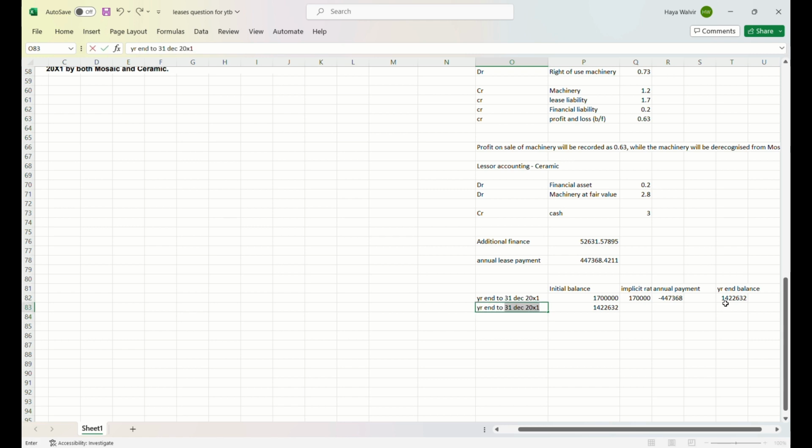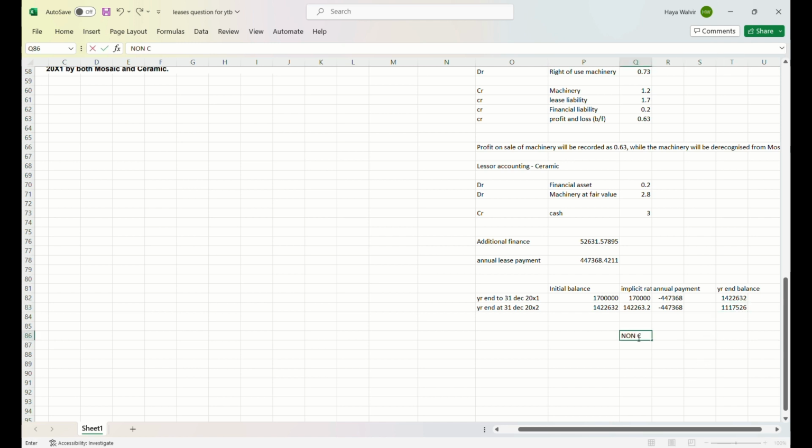Year end 31 December 20x2: again this multiplied by 10%, and minus again the same amount. Actually I don't even need to do this, whatever formula was applied here will be applied here too. So I end up getting this.